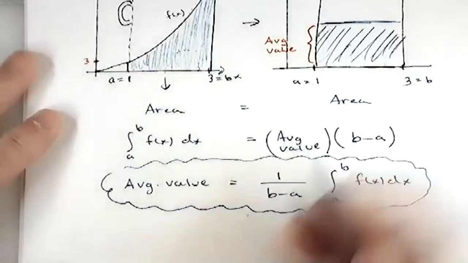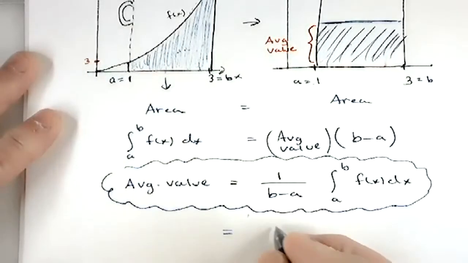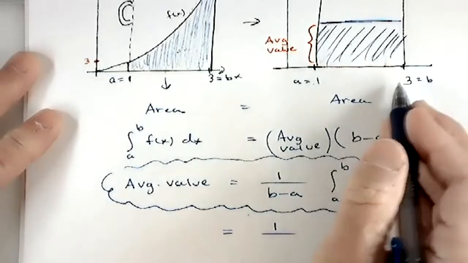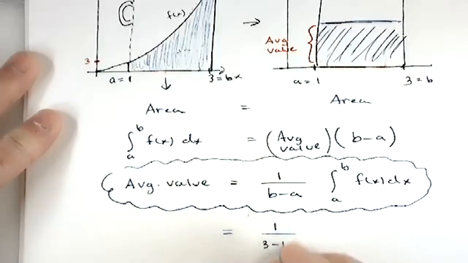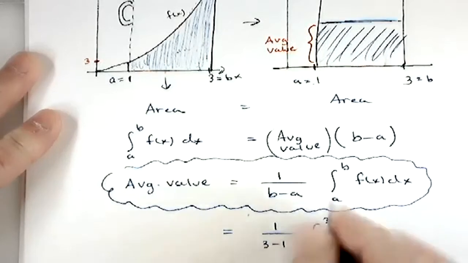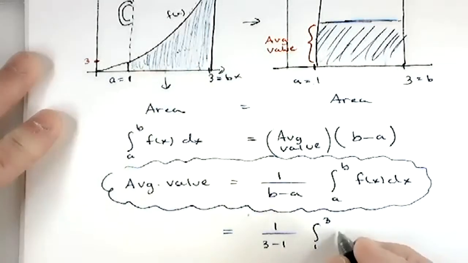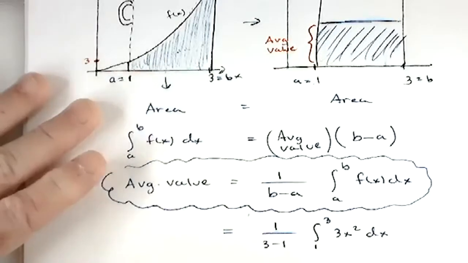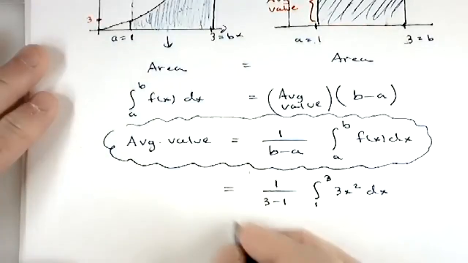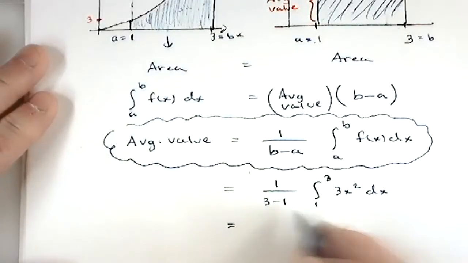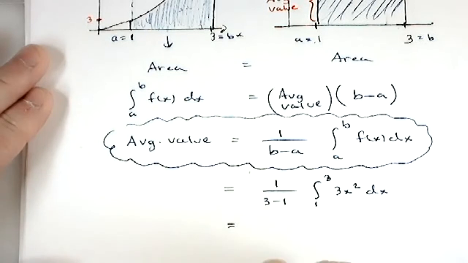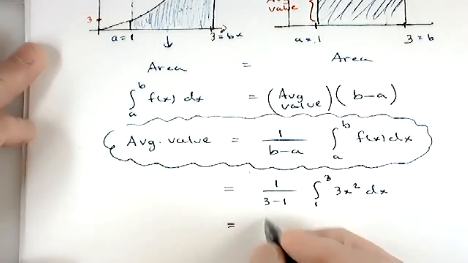And so for this function, we would have 1 over 3 minus 1 times the integral from 1 to 3 of my function, which was 3x squared. This is just 1/2.